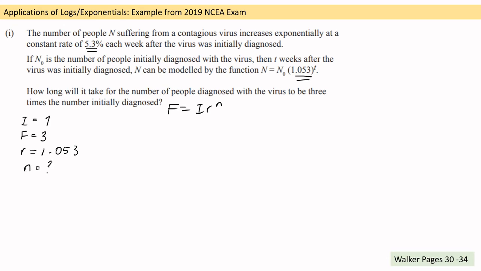Okay, so in my FERN equation, I put 3 is 1 times 1.053 to the power of N. Divide both sides by 1 to get rid of this. 3 divided by 1 is still just 3. We get 3 equals 1.053 to the N. All right, we're trying to find our exponent. So log of both sides.